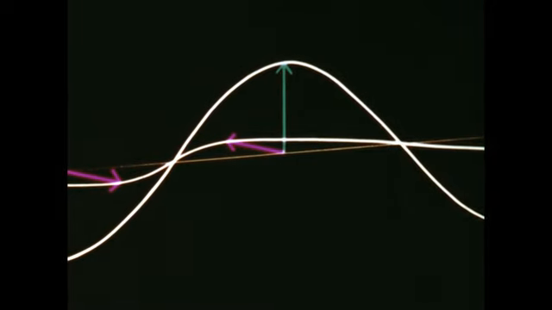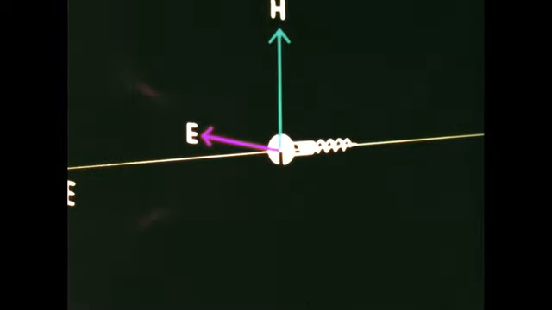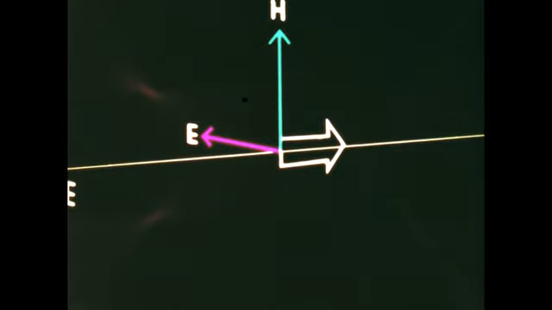To apply this rule, we use any two vectors. Imagine a corkscrew action. If we turn from the E vector to the H vector by the shortest distance, the screw has advanced in the direction of propagation. This is known as Poynting's vector rule.